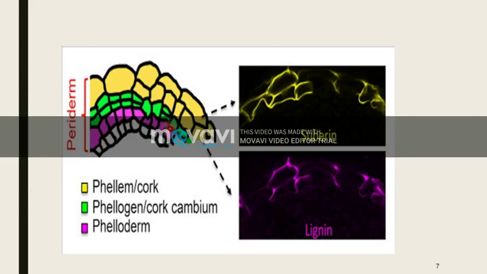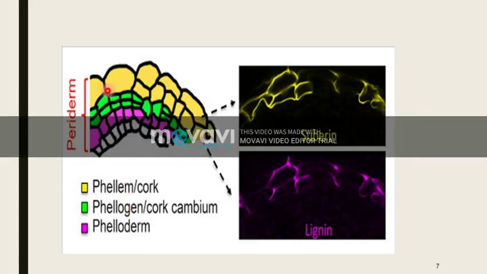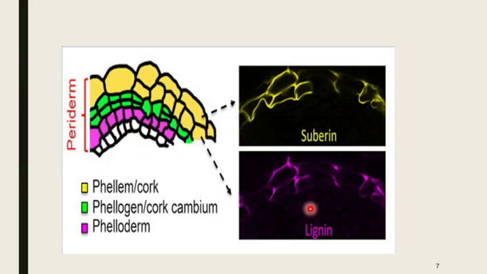The outer layer is yellow in color, the inner layer is cork cambium, green in color, and the innermost layer is phelloderm, which is purple in color. In the outer cork layer, the deposition of suberin and sometimes lignin takes place. Due to this suberin, it becomes impermeable to water and it becomes hard.